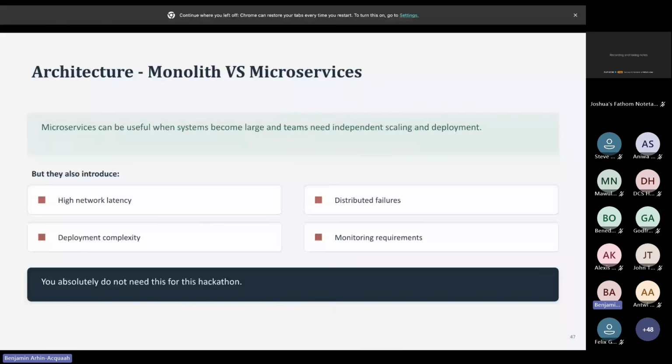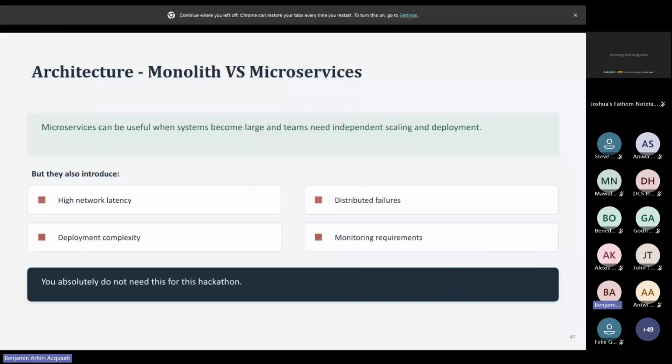So if you have a high latency, that means things are slow, things take time to get processed. You have low latency, that means things are processed fast. So latency essentially means delay, right? A delay in processing requests.